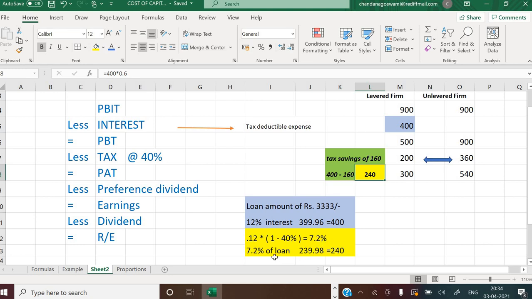And 7.2% of the loan amount is 239.98, which is rounded off to 240. So this 240 and the one which I have shown you earlier is the same amount. That is why while calculating cost of debt, we multiply it by 1 minus T.